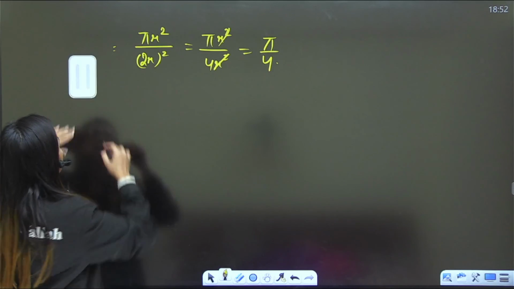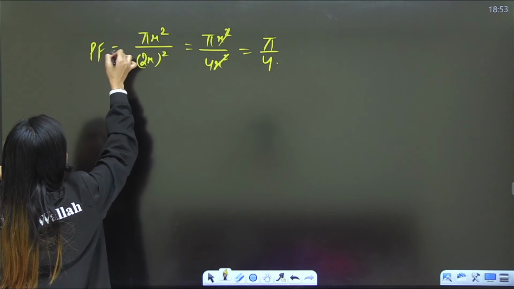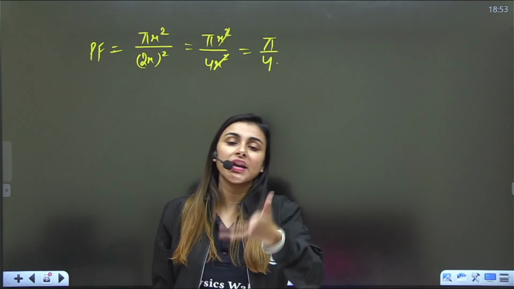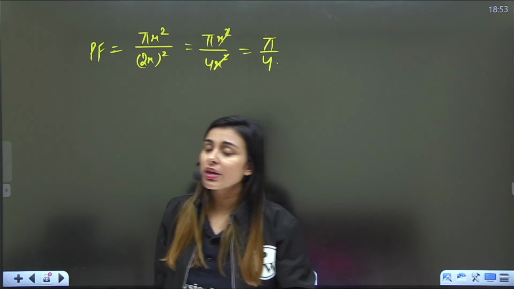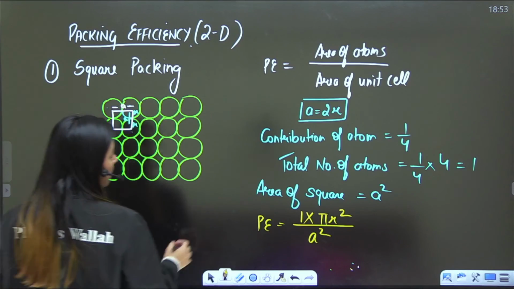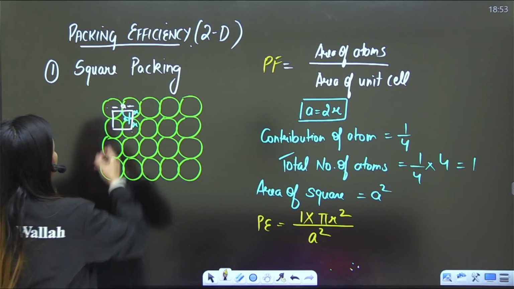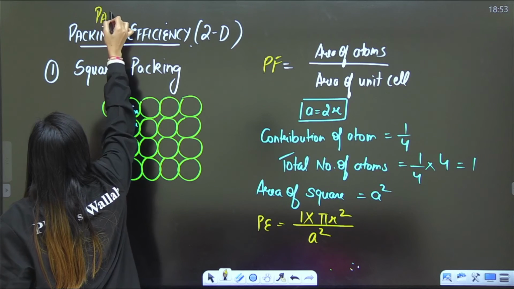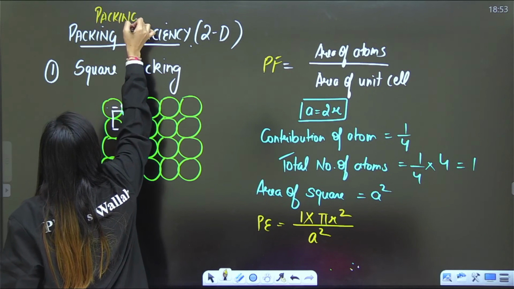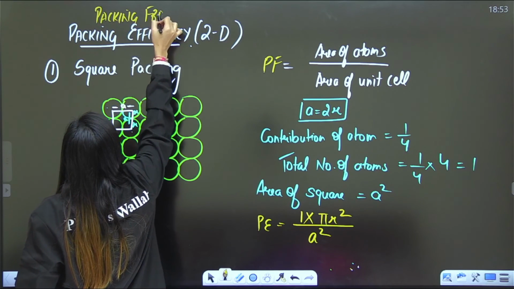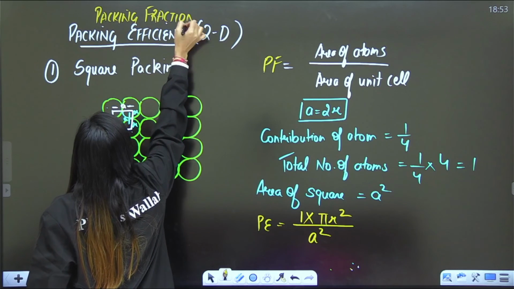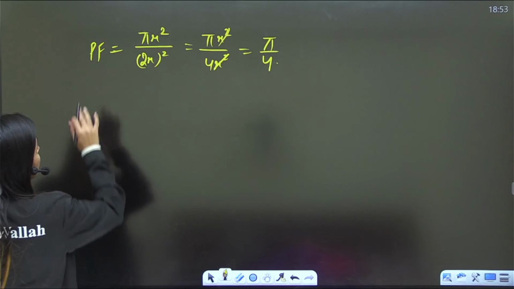Actually, we are calculating packing fraction, not packing efficiency. If we had to calculate the efficiency, we would have to multiply it by 100. Okay. So this is the packing fraction. So write it down, packing fraction. Okay, perfect. Right? Yes. So this is the packing fraction.